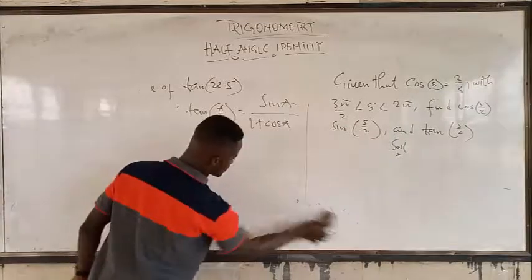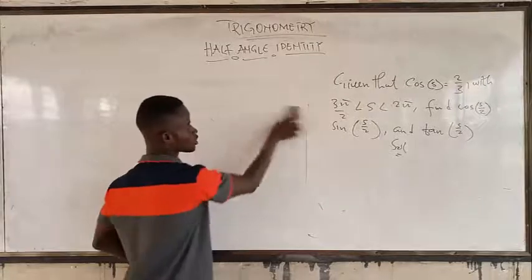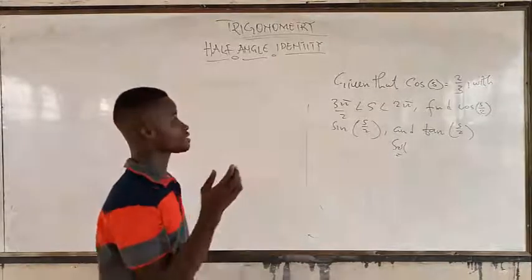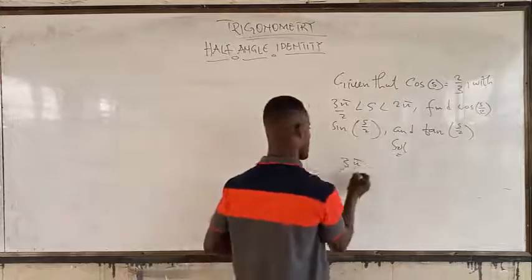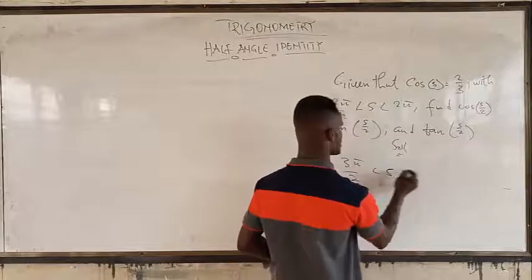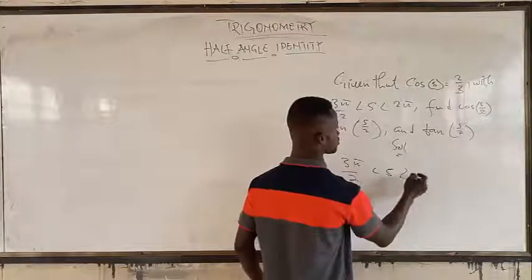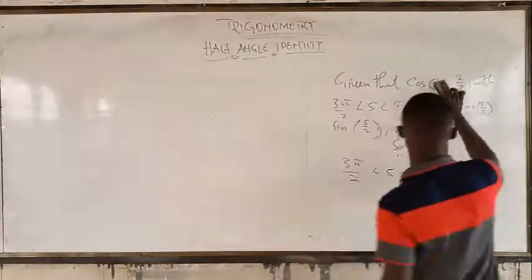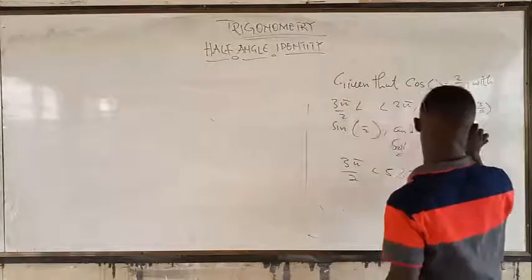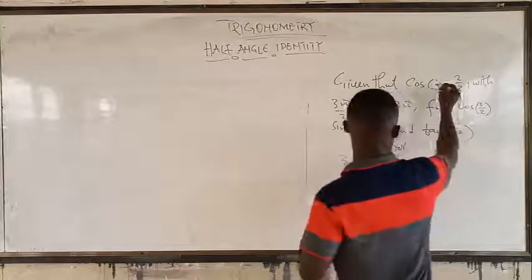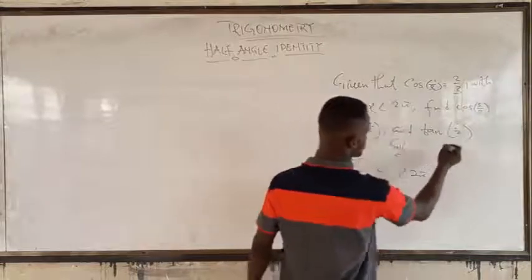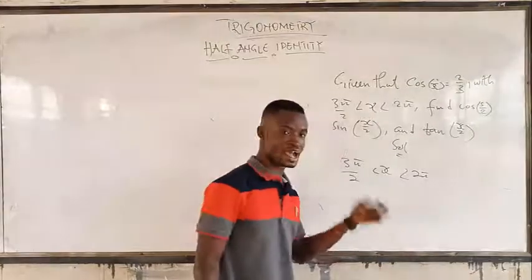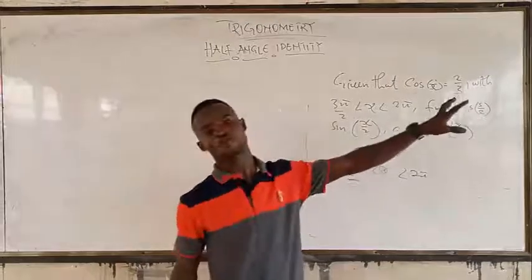So that is our next example. Okay, so here, the first thing to do is, we are saying that 3 pi over 2 is less than S. What this means is that the angle, let me change this to X, the angle X is in the 4th quadrant.